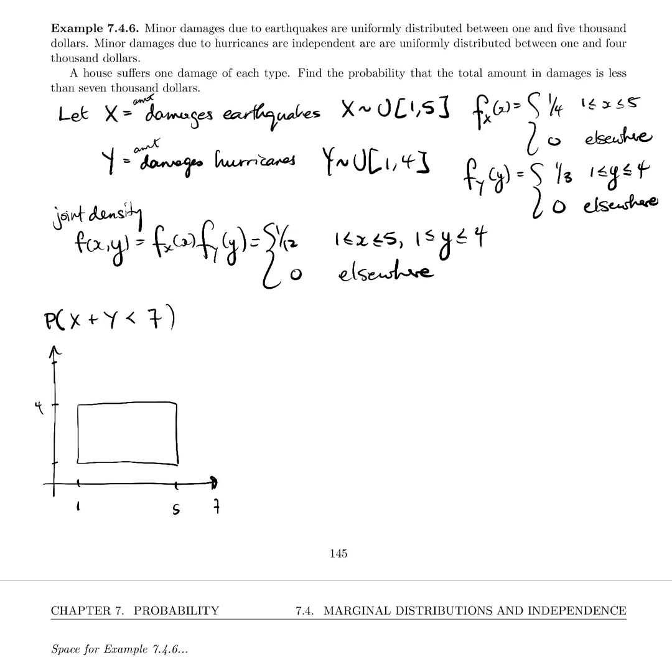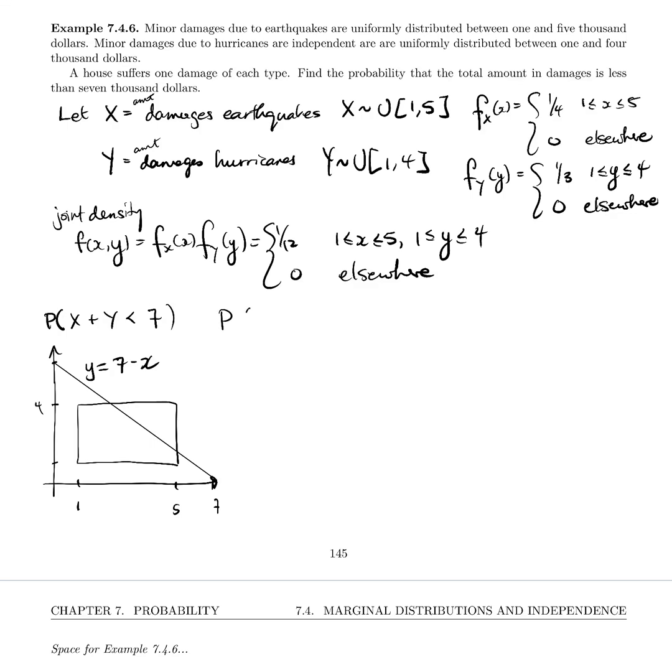Then we are looking at the line which cuts off something like this. Okay, so there is the line y is equal to 7 minus x, not x minus 7, 7 minus x. There's our line. And so we are looking for the region where y is less than 7 minus x.